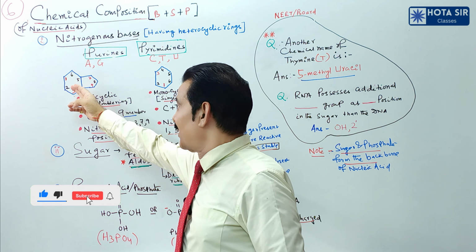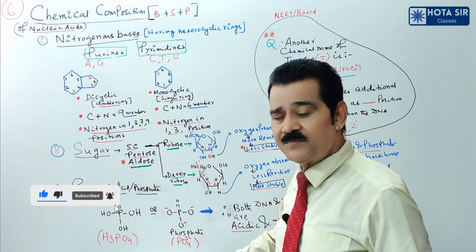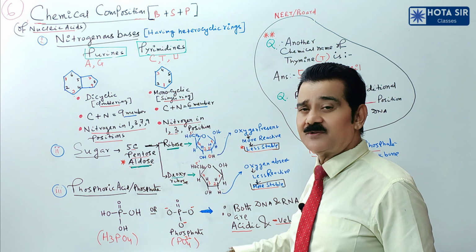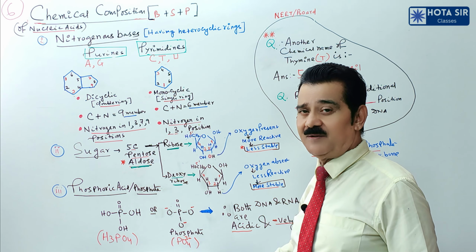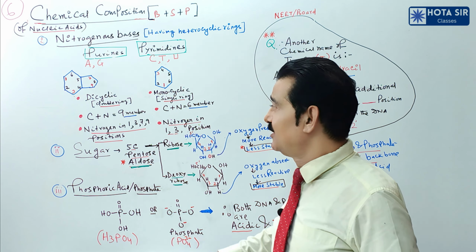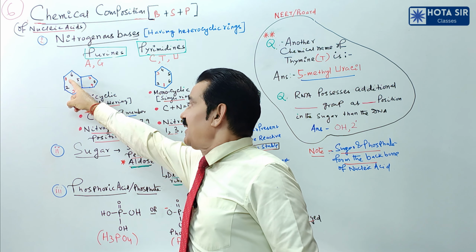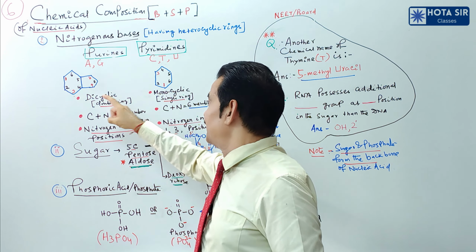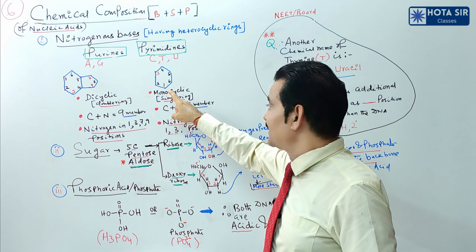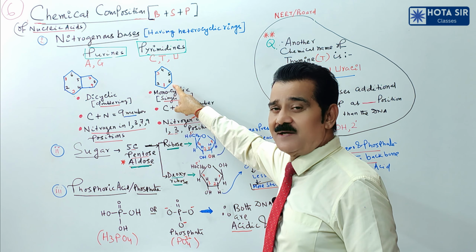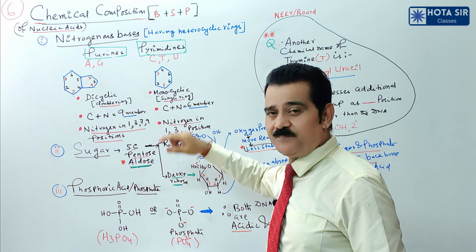You see the 9-member ring is there, numbering 1, 2, 3, 4, 9. Here also carbon and nitrogen form a 6-member ring. Very, very important, the numbering I have done here. So from here 1 starts, 1, 2, 3, 4. Now in pyrimidine 1 starts from here. Many children make the mistake, so you should know the position.